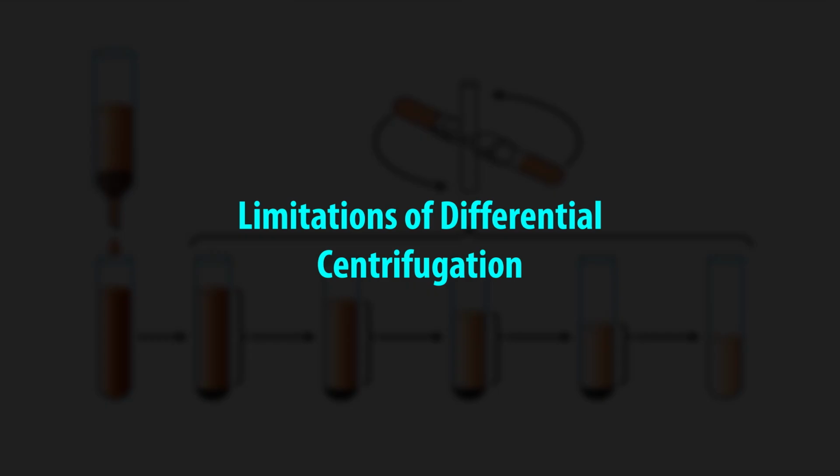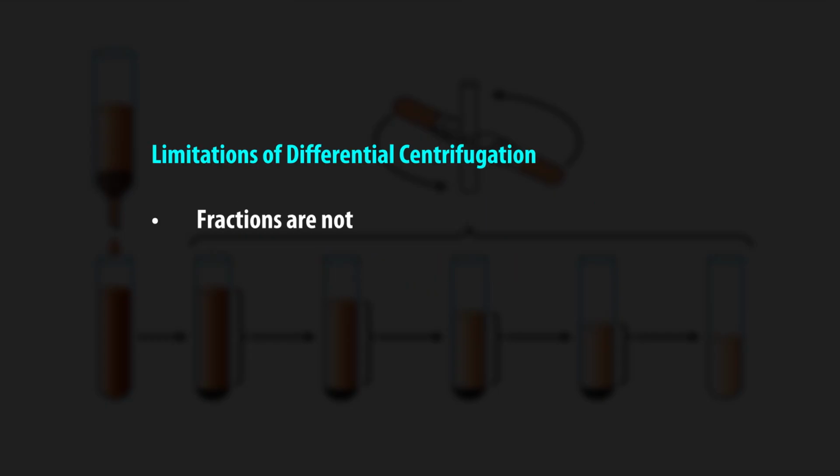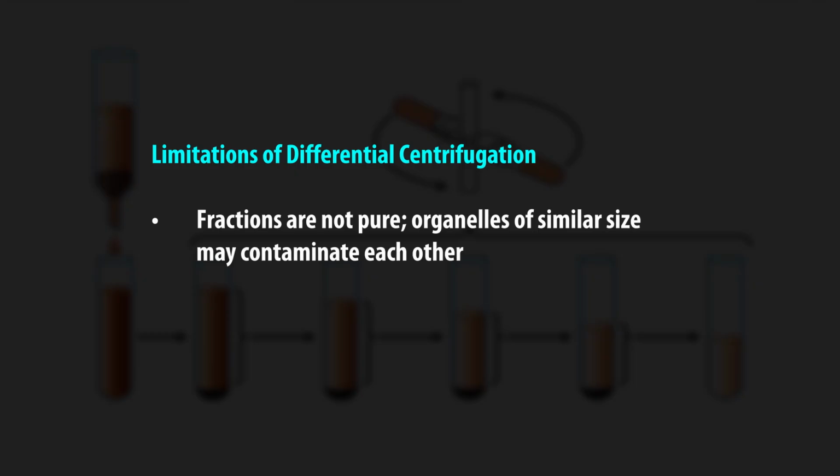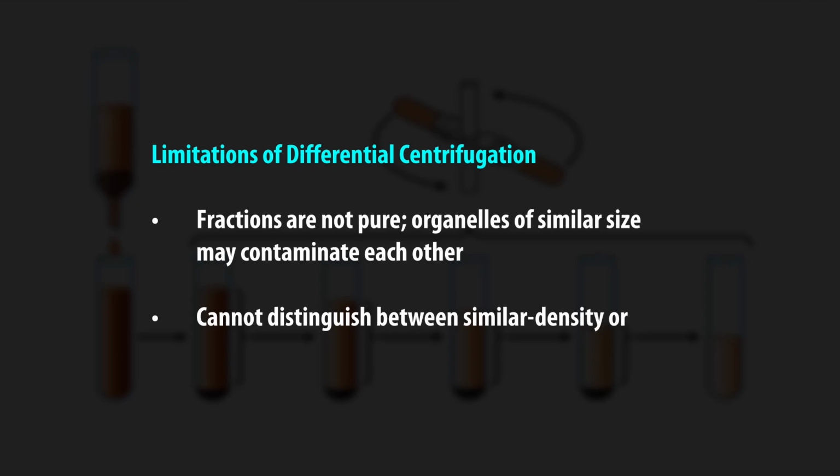Now, the limitations of differential centrifugation. Fractions are not pure. Organelles of similar size may contaminate each other. Cannot distinguish between similar density organelles, for example, lysosomes versus peroxisomes. Low resolution.